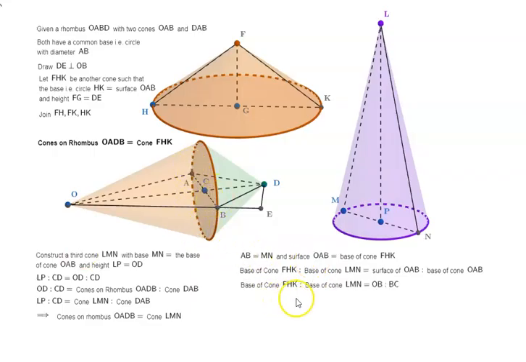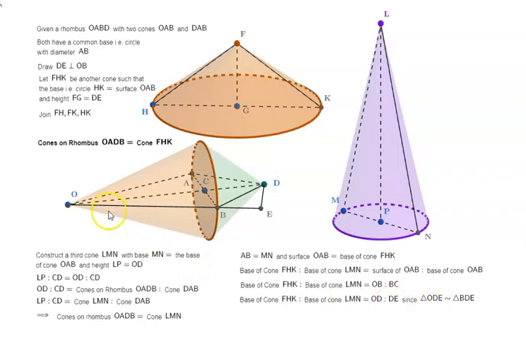So base of cone FHK is to base of cone element is equal to OB is to BC. OB is one of the generators of this cone OAB, and BC is the radius. Base of cone FHK is to base of cone element is equal to OD is to DE.